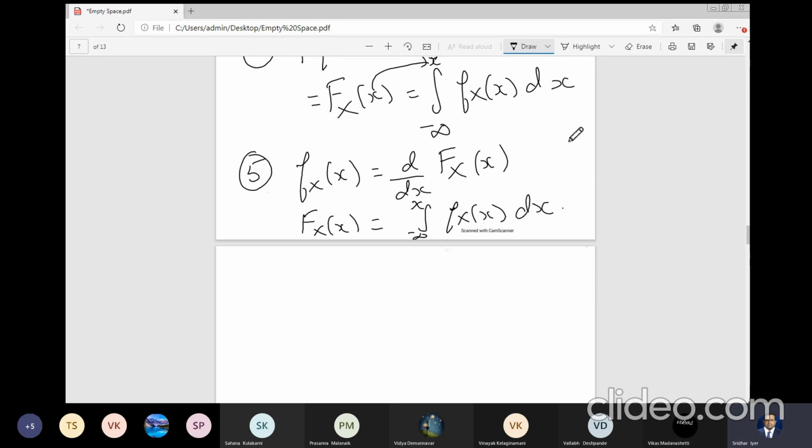These probability density functions are very helpful in calculating many statistical parameters. We'll be able to find things like average value, variance, correlation, autocorrelation. I think you would have done variance and standard deviation.